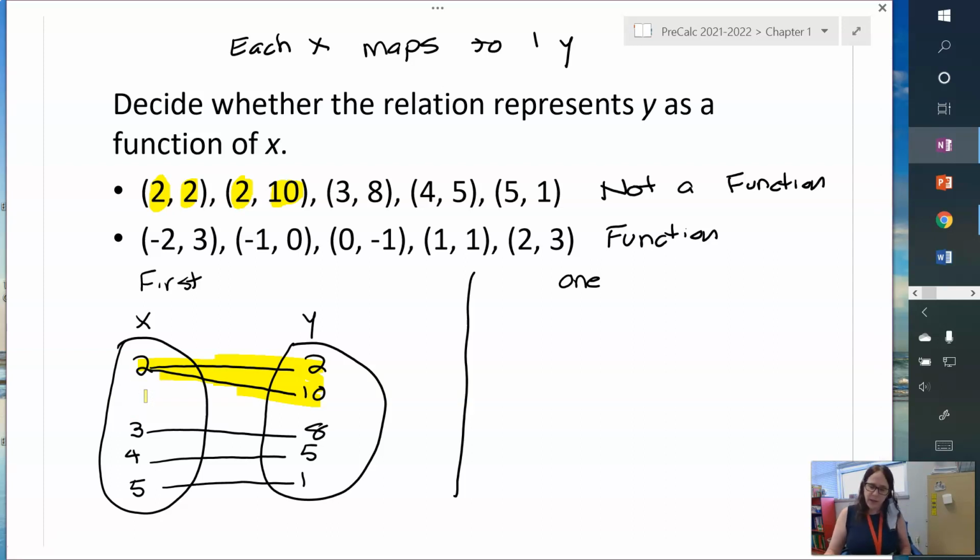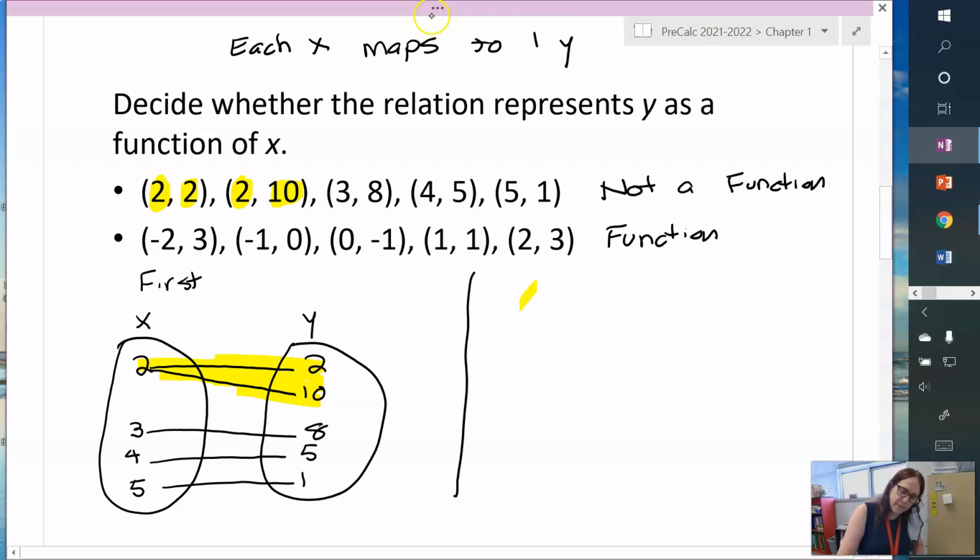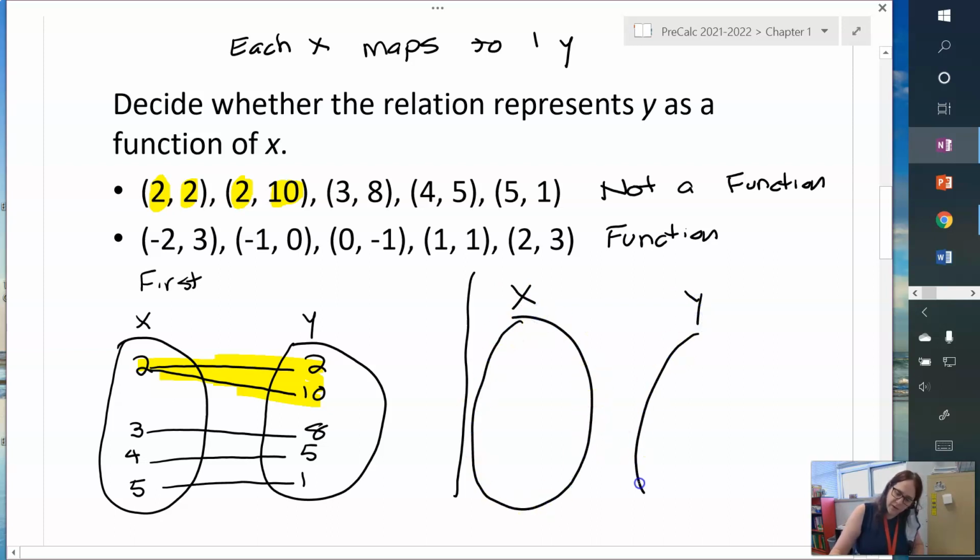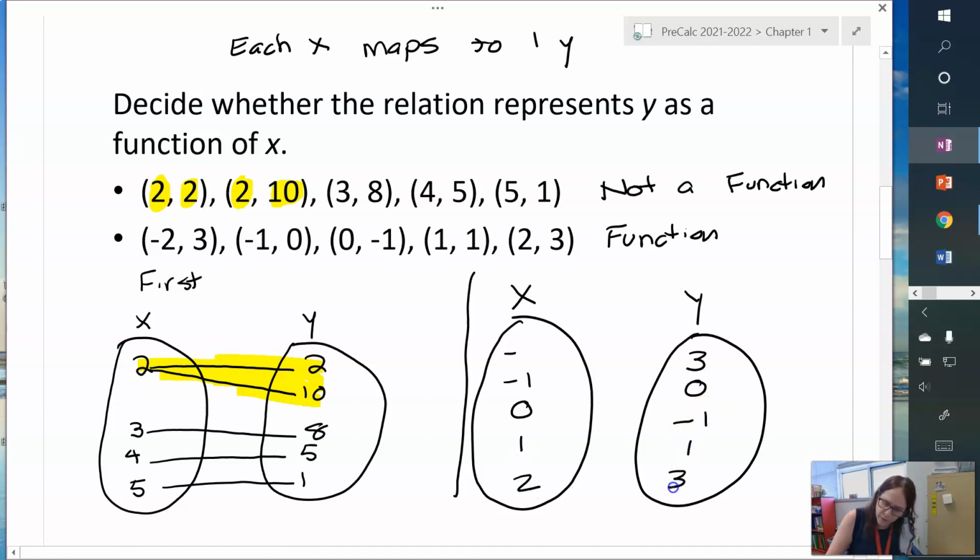Now let's take a look at our second function. This one is my second set of points, and I'm going to put an x in. Let's switch over to a pen. So I'm going to have x and then y, and then each one has its x points and y points. So I have a (-2, 3), and then I have a (-1, 0), (0, -1), (1, 1), and (2, 3).